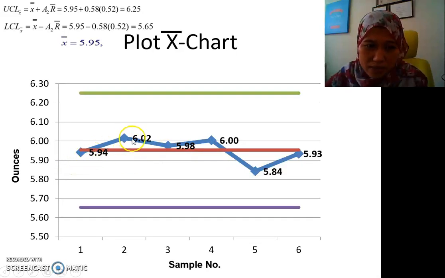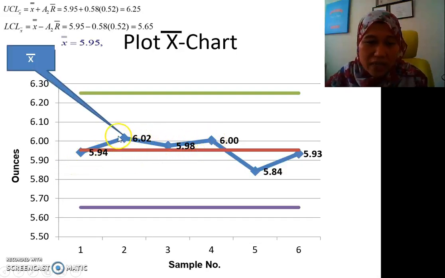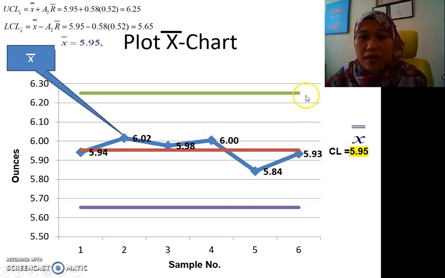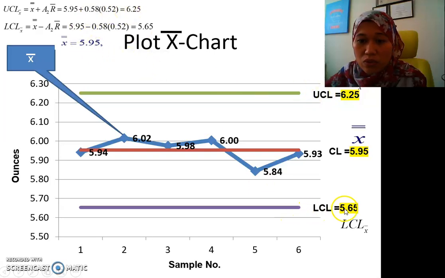What we need to plot is the value of the X bar for samples 1 until 6 that we calculated earlier. The central control limit is 5.95, the upper control limit we calculated earlier is 6.25, and the lower control limit is 5.65.